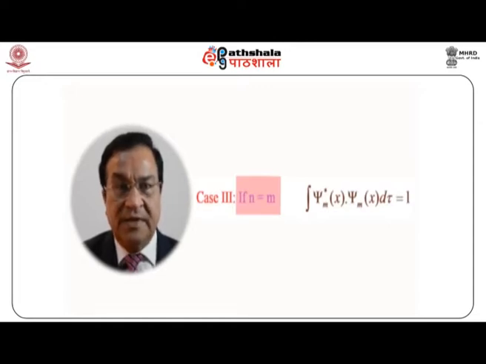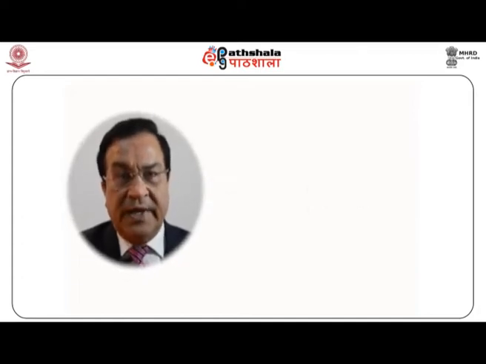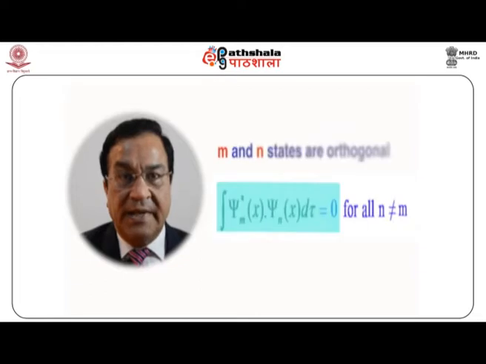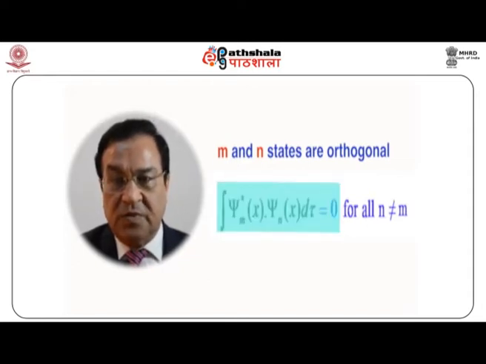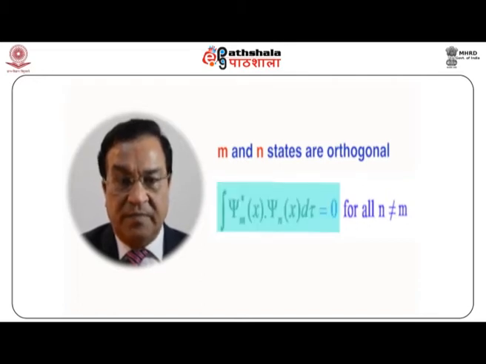So these are the three cases which arise here. And now we can generalize by saying that m and n states are orthogonal, and therefore this integral ψm* ψn dτ will be equal to 0 for all n not equal to m.